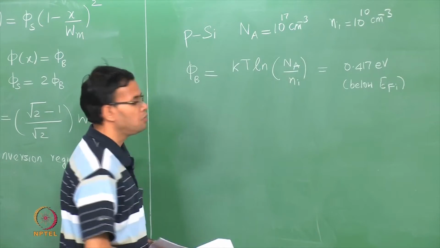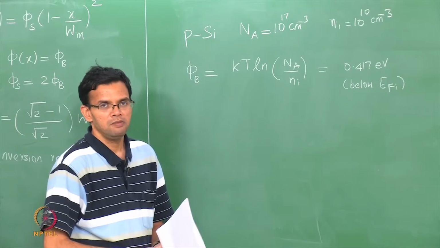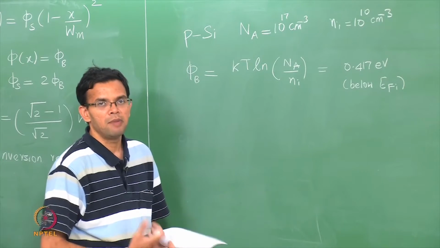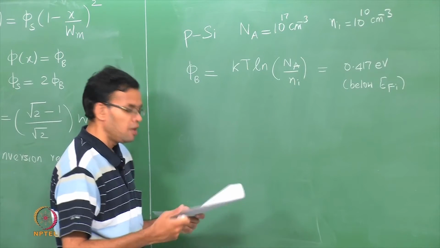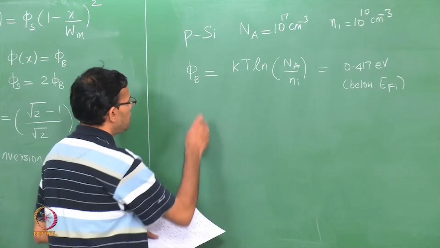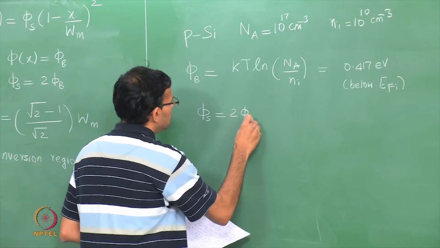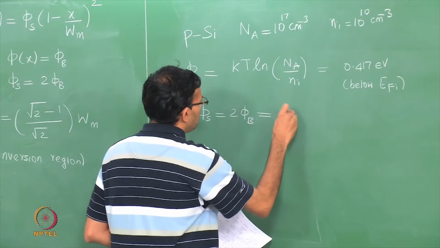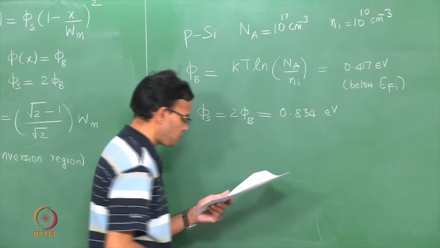So, we now want to create an N channel in this p-type material, and we want to make it a strong inversion, so that the material is as much N-type as the bulk is p-type. In order to do that, we need to have a surface potential psi s that is 2 times psi b. This is nothing but 0.834 electron volts.